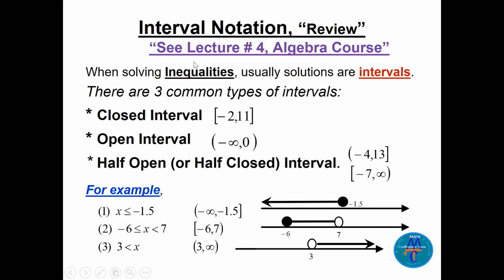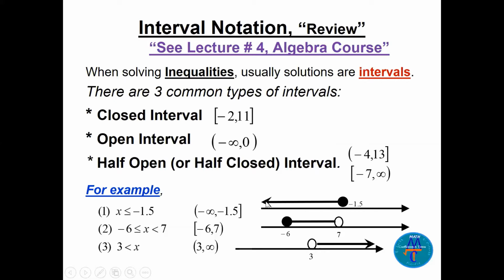This is a review from lecture number 4 in the algebra course about intervals. We have closed intervals, open intervals, and half open or half closed intervals. We should be able to draw them. For closed, we put a closed circle, which means the number is included.